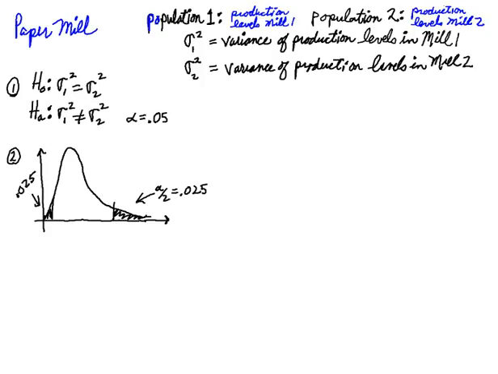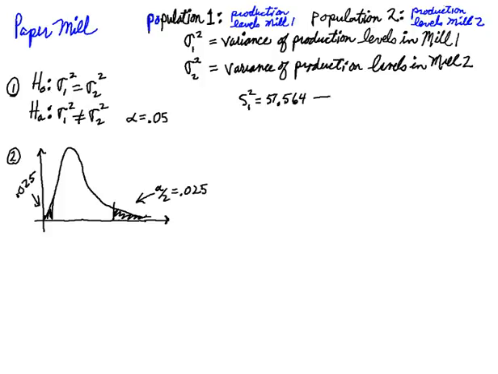Now, as it says in the textbook, this distribution is the set of quotients of the sample variances from population 1 and population 2. If I look at my sample variance from population 1, I'm going to go to the data set and calculate the variance on that. I get 51.564.